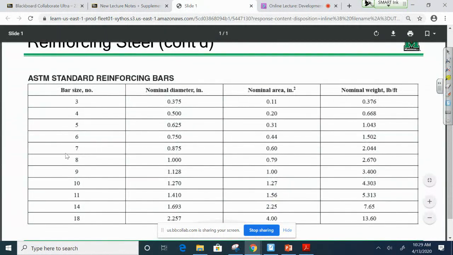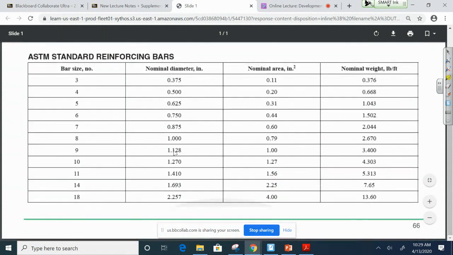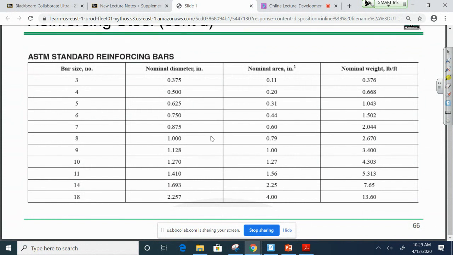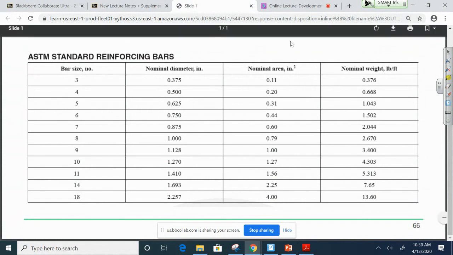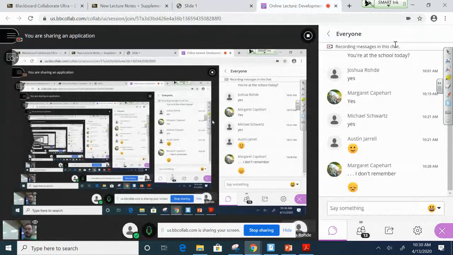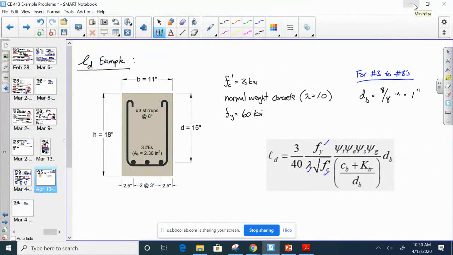Anything between a number 3 and a number 8, you just take the number and divide it by 8. But I also listed the diameter for all of the other bars as well. So for number 8, 1 inch. Okay. Everybody remember that? I know we're dealing with weird times here, so it's totally fine to miss the little things on that.